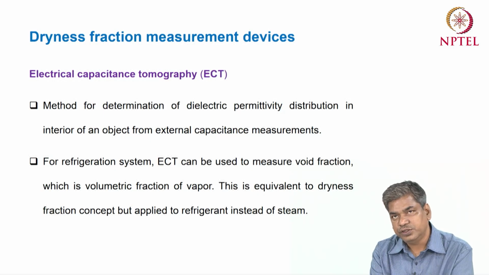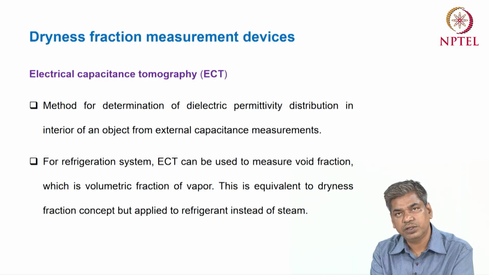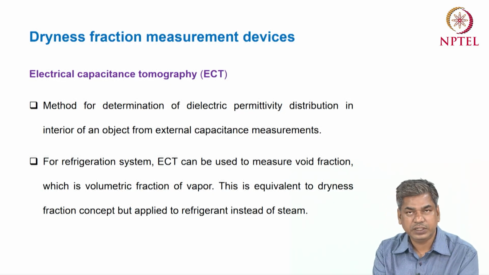So that's why, if you use a simple rotameter after the condenser, and the outlet condition of the condenser is not a saturated or single-phase condition, then we can get the volume flow rate, but we cannot evaluate the mass flow rate without measuring the dryness fraction at that condition.